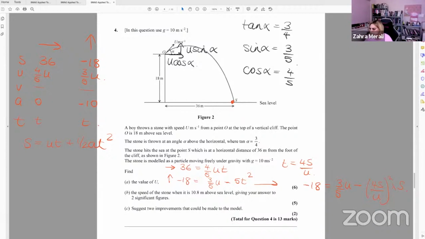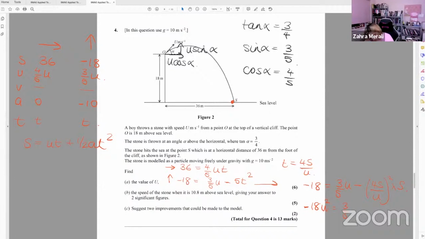Multiply the u squared up, and you should get, I'm trying to find u. Yeah, that's right. Minus 18 u squared equals 3/5. Oh no, we don't need to do that.